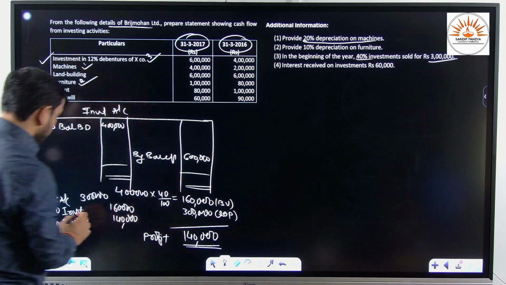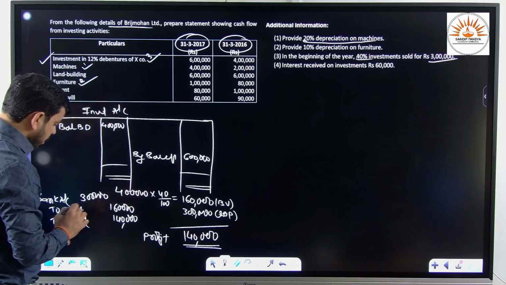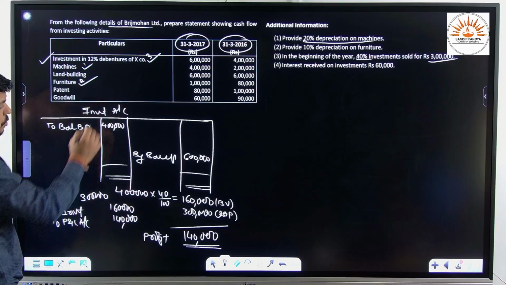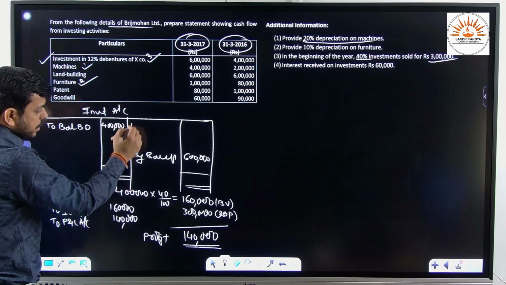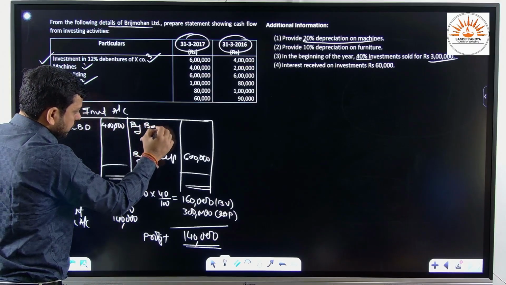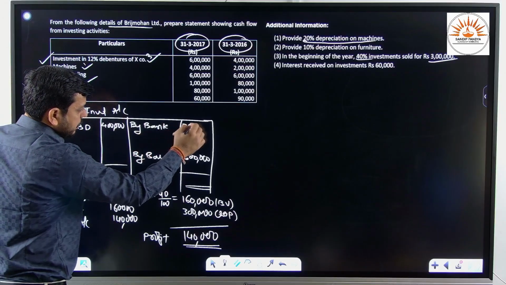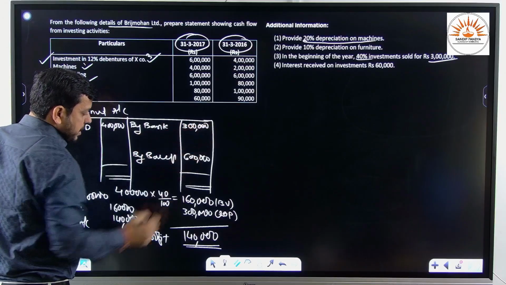So as I told you, bank account debit, we are not required to prepare any bank account, but we are preparing the investment account. So on the investment account credit side we shall write by bank account, that is rupees 3 lakhs. Sir, are we receiving 3 lakhs?